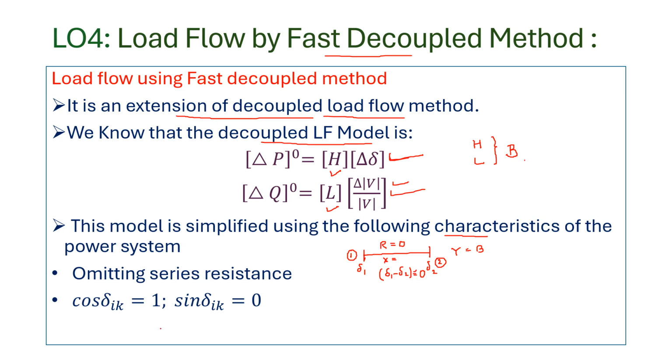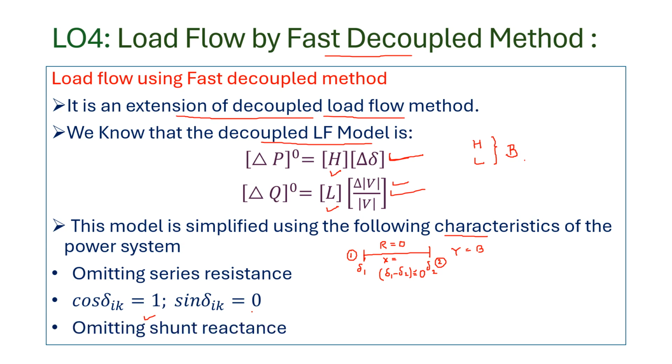So when it is 0, we can assume cos 0 is equal to 1 and sin delta will be 0. This is a fair assumption as far as power system operation is concerned. There will not be much loss in the accuracy of the calculation, but it will simplify the calculation very much.